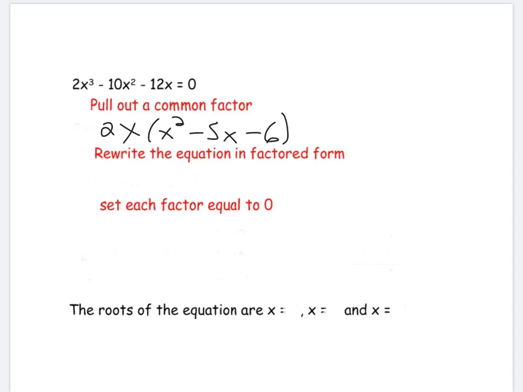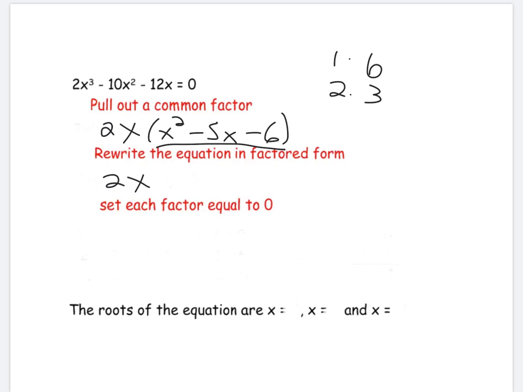So I then have to rewrite the equation in factored form. So I have to see if I can factor this. So I'm left with 2x for sure. And then if I'm just looking at factoring this part in the parentheses, I have x squared minus 5x minus 6. So that would mean I'd be looking for two numbers that multiply to make 6. So it would be 1 and 6, or again 2 and 3.